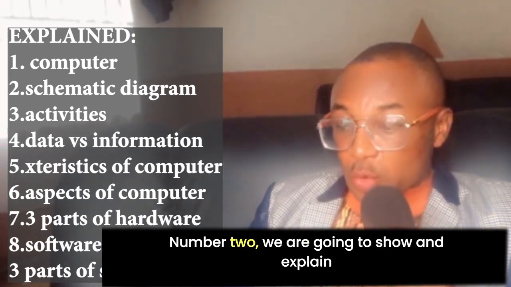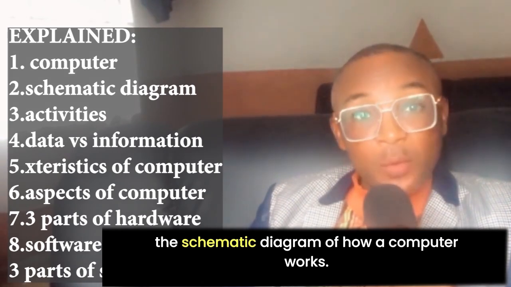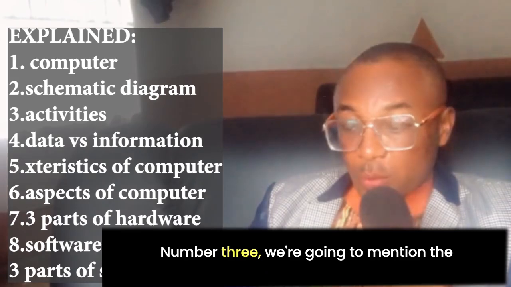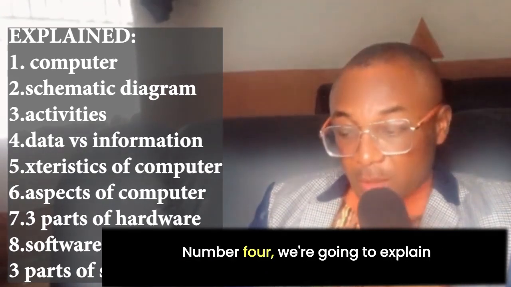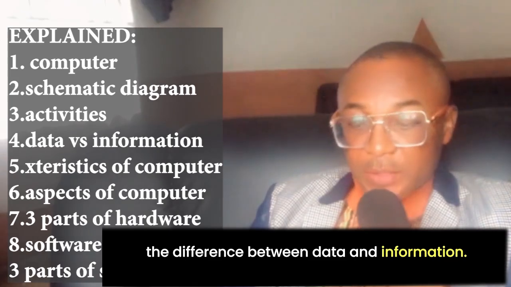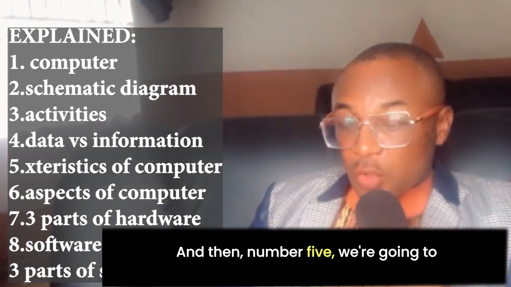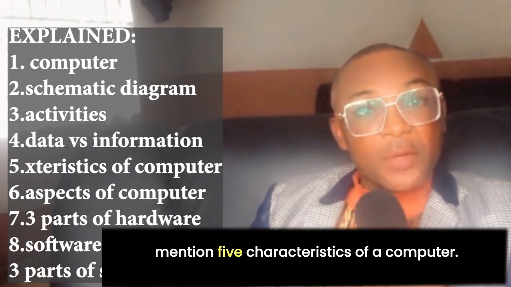Number two, we're going to show and explain the schematic diagram of how a computer works. Number three, we're going to mention the four basic activities of a computer. Number four, we're going to explain the difference between data and information. And then number five, we're going to mention five characteristics of a computer.